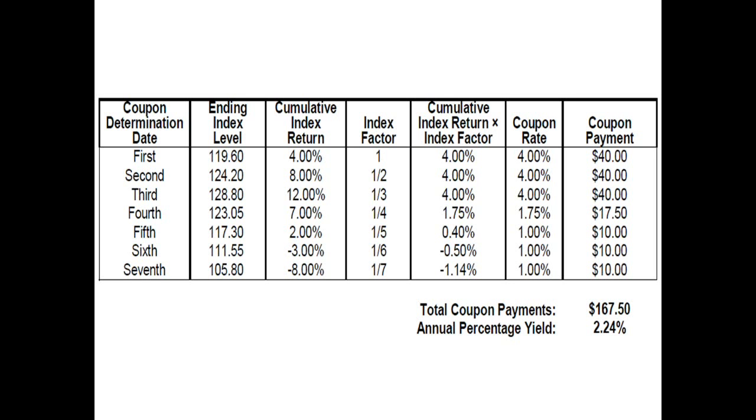And you can see the same thing happening in the sixth and seventh years here. So a little bit different than many of us are used to seeing, but really quite simple. You take the return point to point and divide it by the number of years, and that's the calculation for the interest payment at the end of that year.